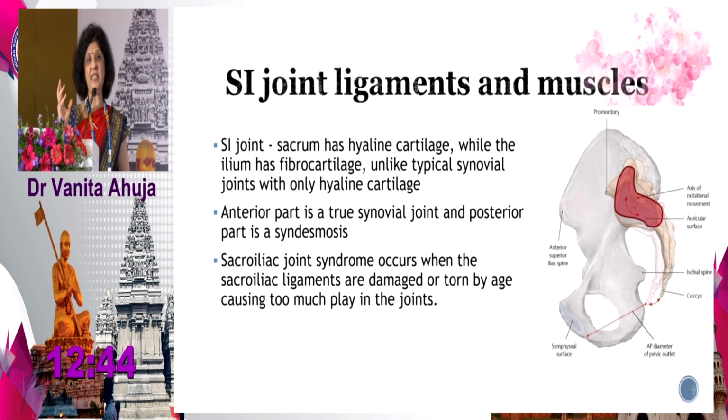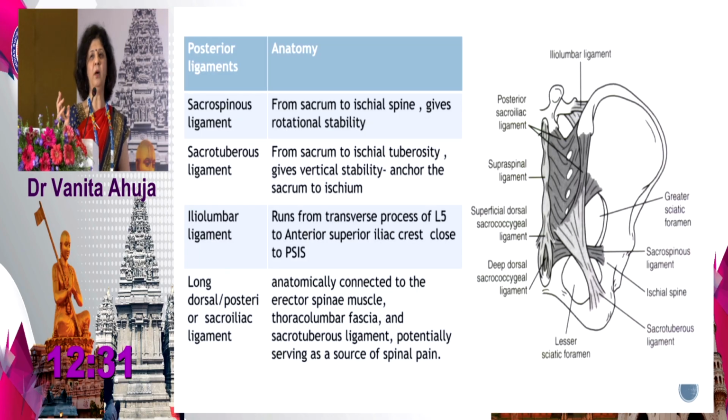The sacroiliac joint is supported by a good amount of muscles and ligaments. The anterior part is a true synovial joint and the posterior part is more of a syndesmosis. What are the most important ligaments? The first is the sacrospinous ligament, from the sacrum to the ischial spine.